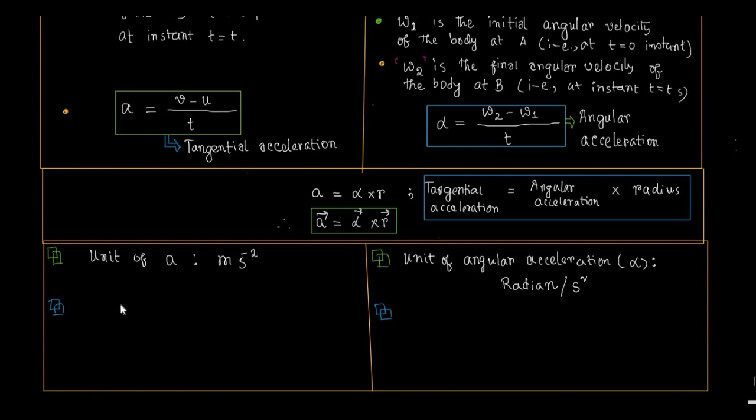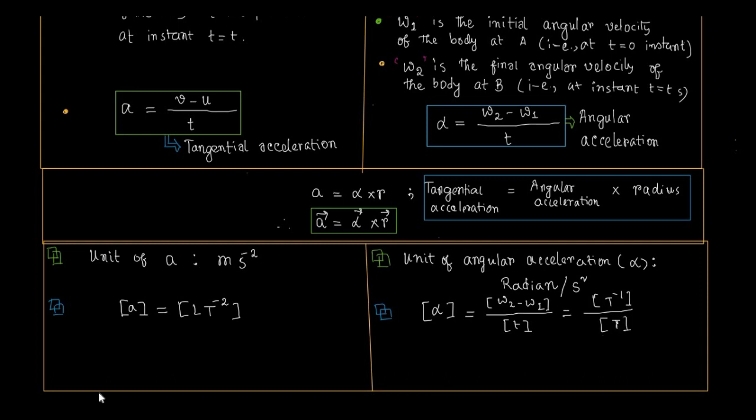Now we have to find the dimension of A and alpha. Dimension of tangential acceleration A is equal to L t to the power minus 2. And on the right hand side, dimension of angular acceleration alpha can be derived. Dimension of alpha is equal to dimension of omega 2 minus omega 1, the change in angular velocity, which is t to the power minus 1, divided by dimension of t.